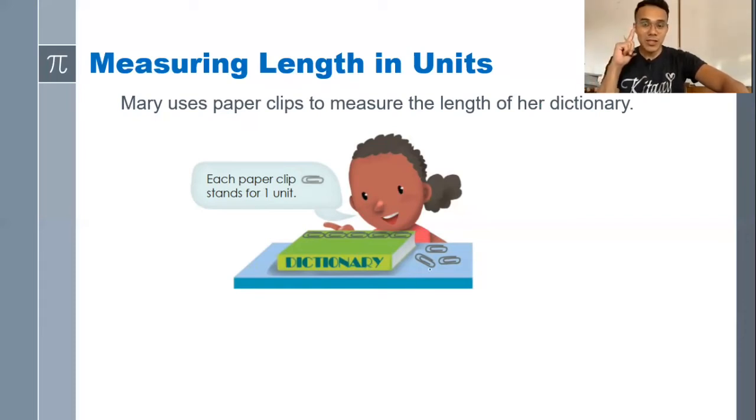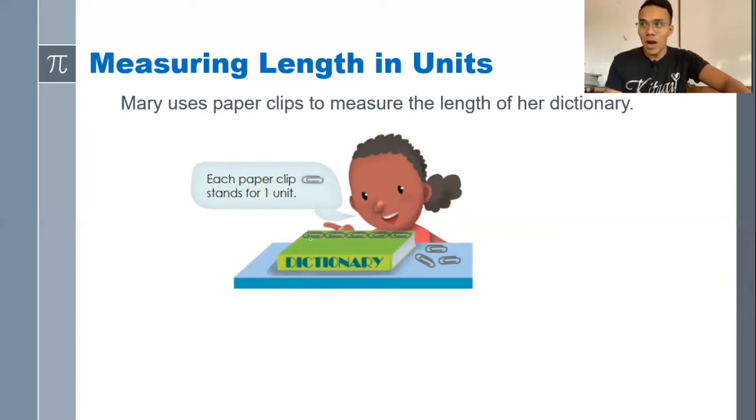And there's something that you need to take note of, grade 1. You have to take note that each paper clip stands for 1 unit. It means if there's only 1 paper clip, it's 1 unit. If there are 10 paper clips, it's 10 units, just like that. Okay? So let's count how many paper clips there are on the dictionary.